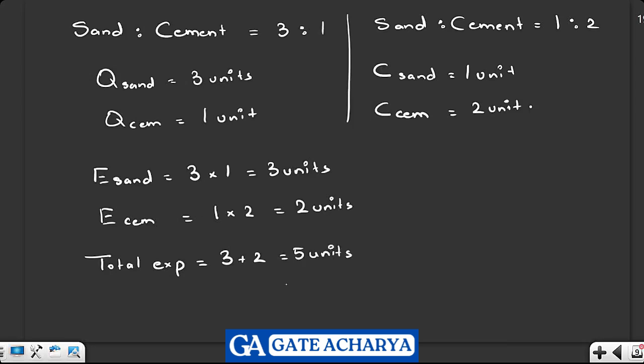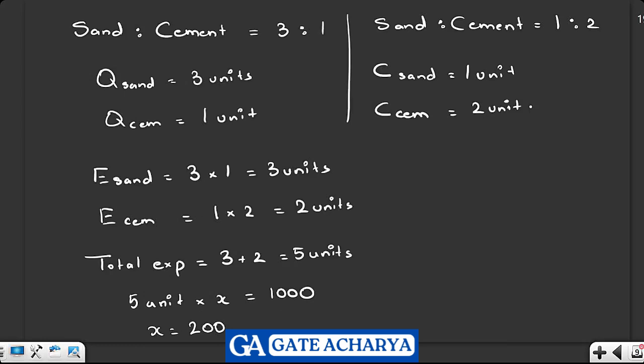Now, this 5 units multiplied by some quantity X must be equal to 1,000, right? They are saying that the total cost of expenditure is 1,000 rupees. So what is the X value here? X is 1,000 divided by 5, that is 200 rupees.